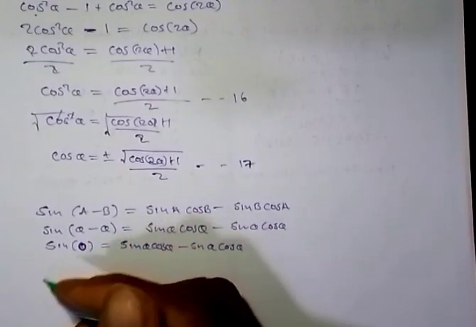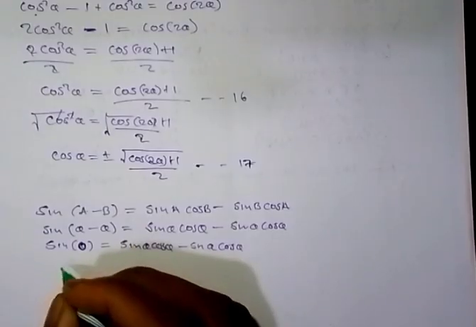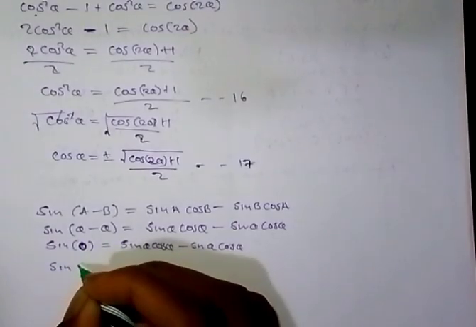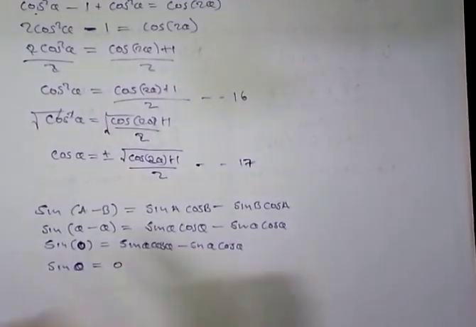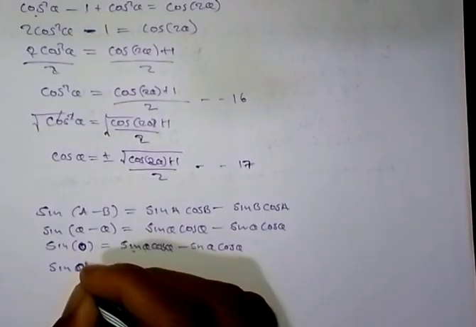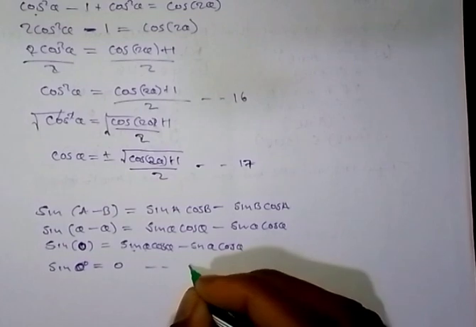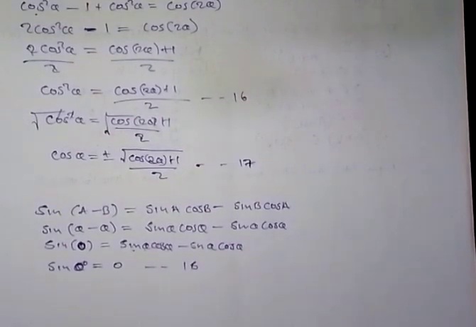Sine 0 degrees is equal to 0, because if you press on your calculator, you're going to find that sine 0 will be equal to 0, and hence the whole of this thing becomes 0, because sine theta cos theta minus sine theta cos theta, you are getting a 0. Okay, so this is our identity number 18.